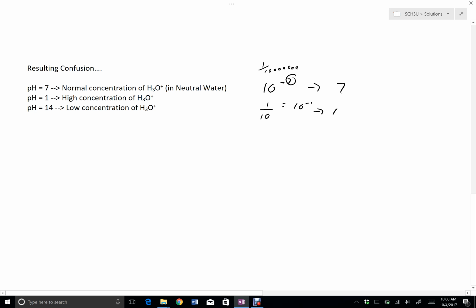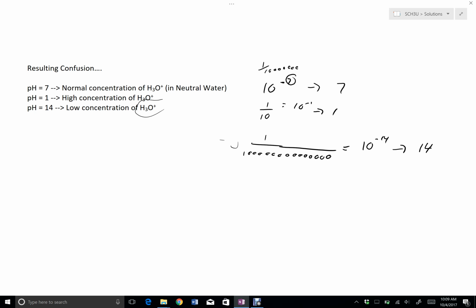And in really basic water, 1 in 1, 2, 3, 4, 5, 6, 7, 8, 9, 10, 11, 12, 13, 14, whatever that number is, representing 10 to the negative 14, or a pH of 14, this hydronium population being driven down to this tiny number by the introduction of hydroxide into the water, reacting up that hydronium as discussed in the previous video.